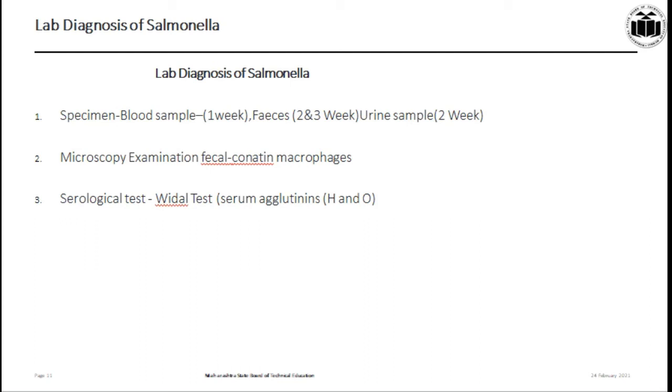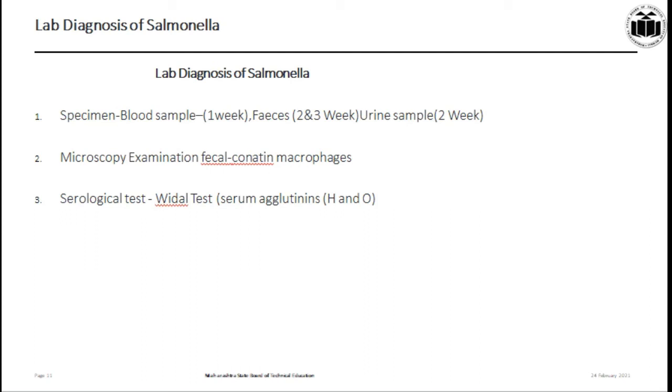So what you are supposed to do? You are supposed to collect the specimen and perform the gram staining. When you perform the gram staining, you will observe gram negative bacteria.